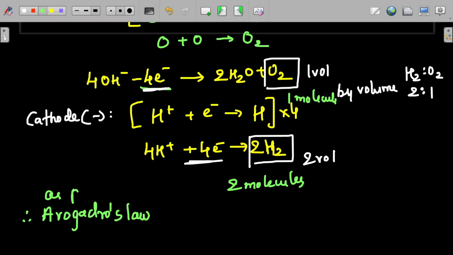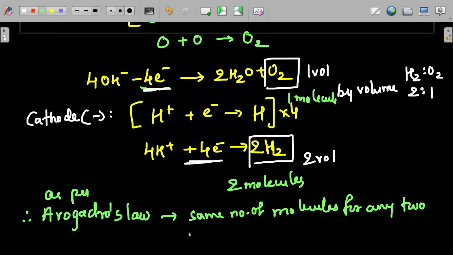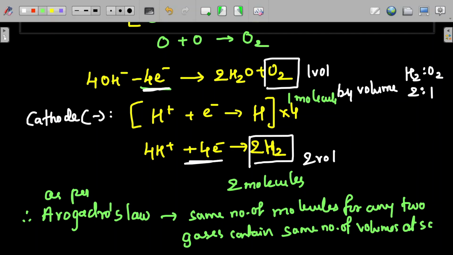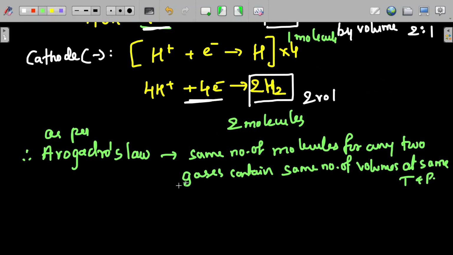As per Avogadro's law, the same number of molecules for any two gases contain the same volumes, provided you are measuring them at the same temperature and pressure, right?